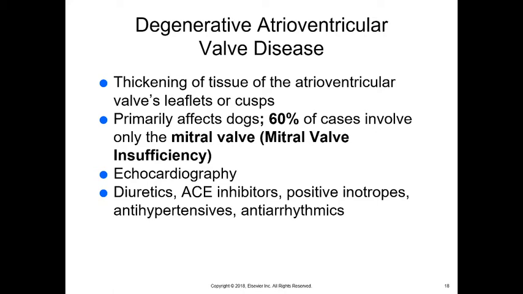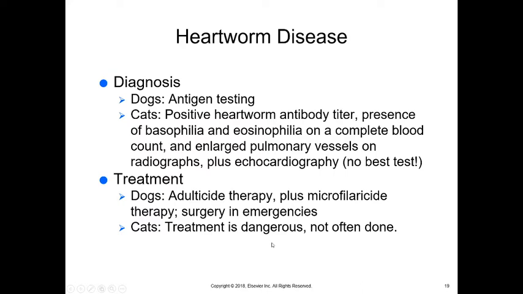It's typically caused, like I said, by chronic infection due to bacteria coming from the mouth. We can diagnose with an ultrasound, which is an echocardiogram. We usually treat them with diuretics, ACE inhibitors, positive inotropes, antihypertensives, and so a lot of different medications.